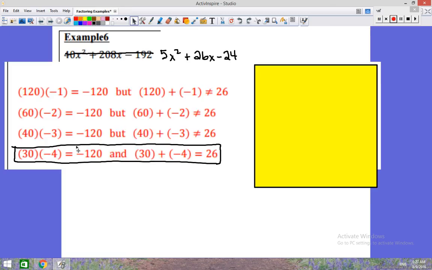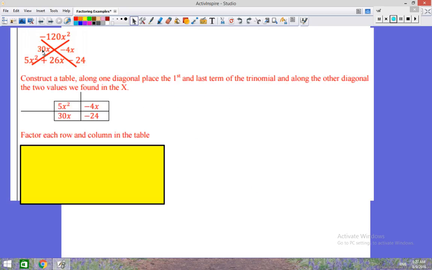So now that we found the correct values, we can make a table. So within my X method, I found that 30x and negative 4x were the numbers that I was in search of. So I go back and I take the first term and the last term, and I write that along one diagonal of my table, and then the 2 values in the X that I found, I write that along the other diagonal.